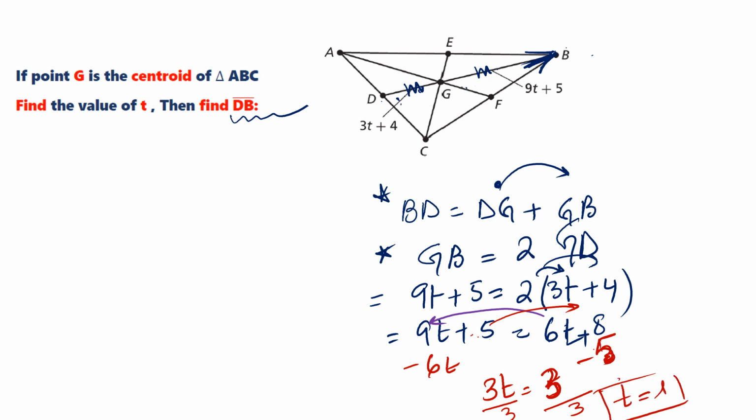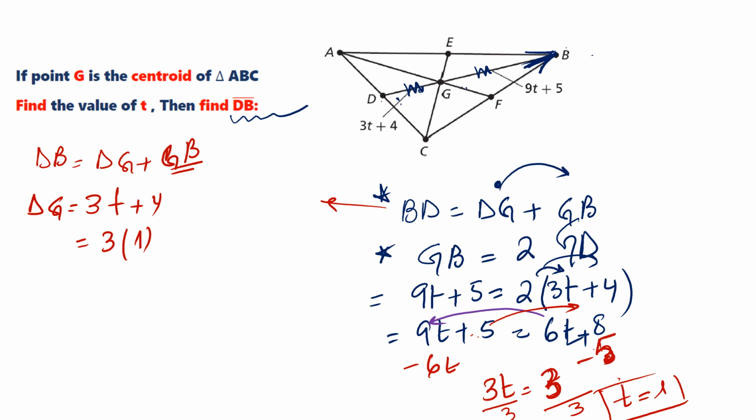Now substitute. You have to find the DB, and we already established that DB is equal to DG plus GB, which means first find the DG. So what is DG? It is 3t plus 4. So substitute the t as 1. So 3 plus 4 is 7.